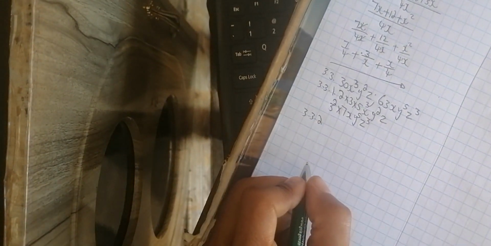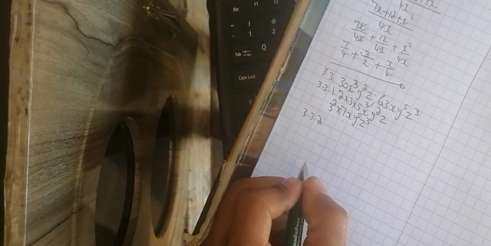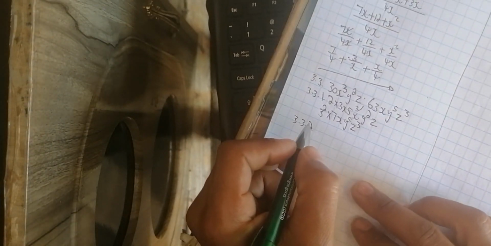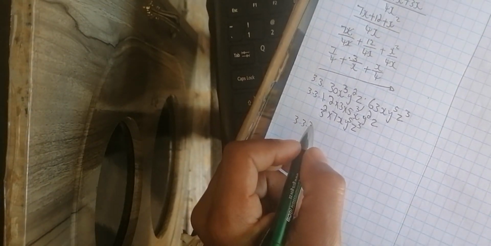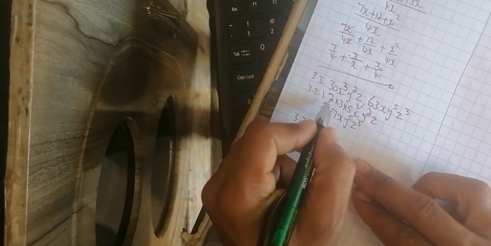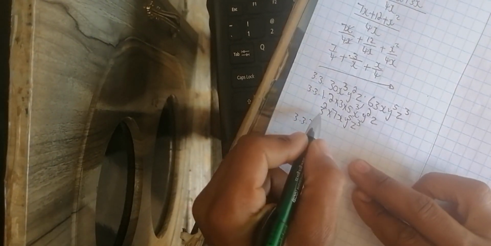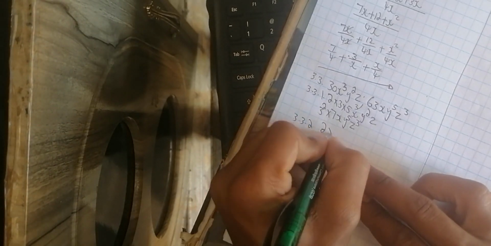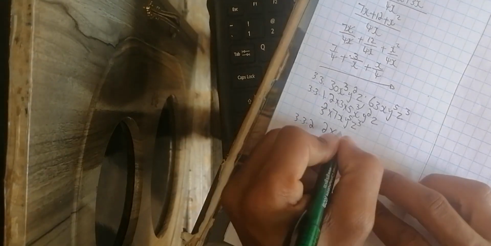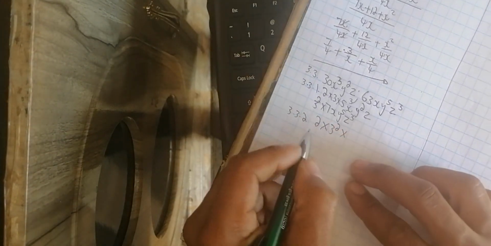3.3.2, they want the lowest common multiple, the LCM. Now remember, the LCM incorporates everything that appears on both. So you would check, you have 2 and it's not there, you will take it. You have 1 3 and 2 3s, you will take 2 of them.